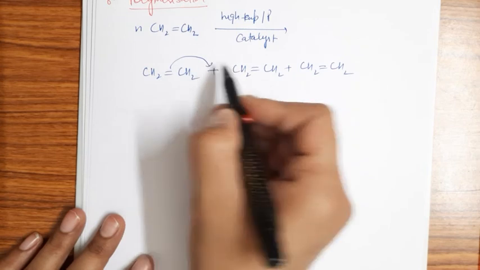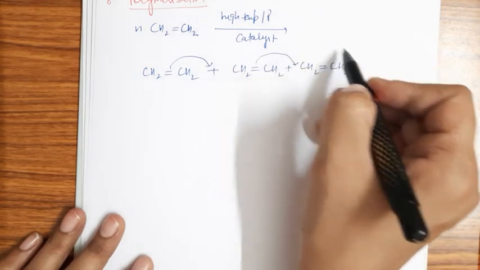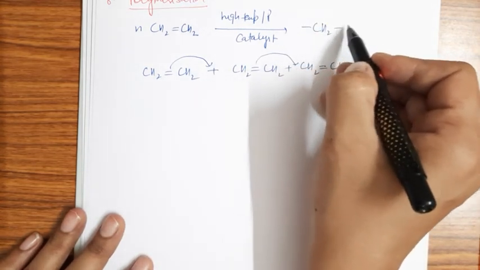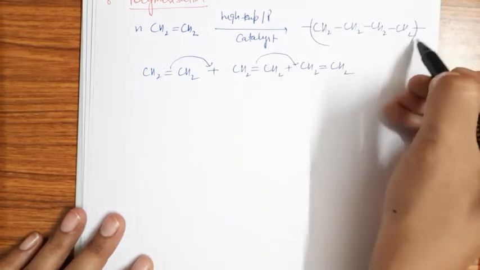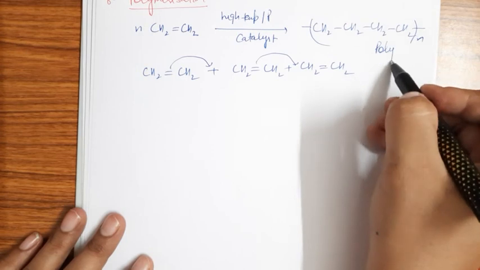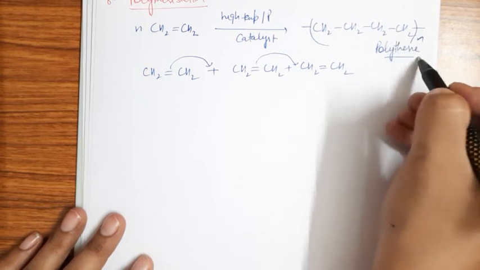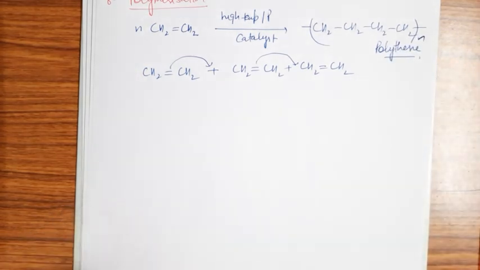Then the bond will shift in this way, and it will get converted to a large molecule which is known as polythene, which we use in our daily life. This is polythene, right? And in the same way, if we use propene, then we will get polypropene. If we use butene, then polybutene.